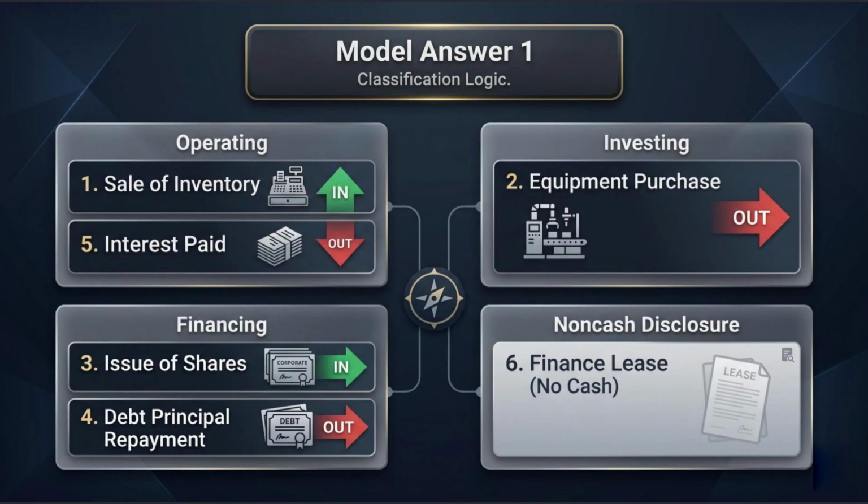Debt principal repayment is financing because the entity is returning borrowed funds to creditors. The finance lease with no cash at inception is separate non-cash disclosure because no cash moved when the asset and lease obligation were recognized. Notice how the answer is not based on account names only. It is based on cash movement and economic purpose.